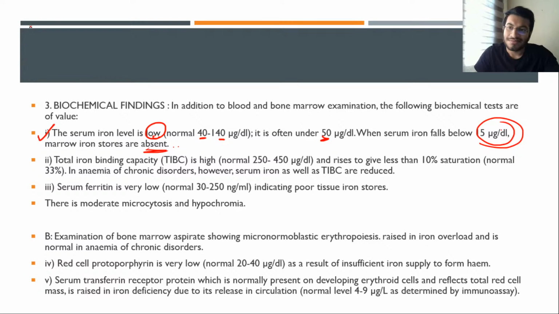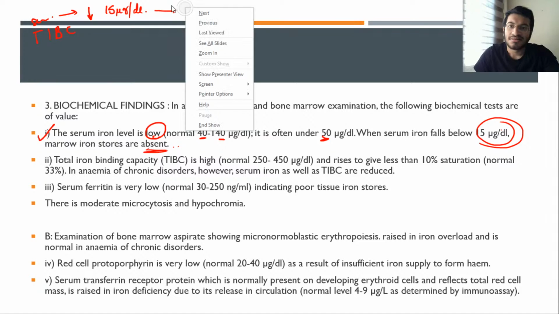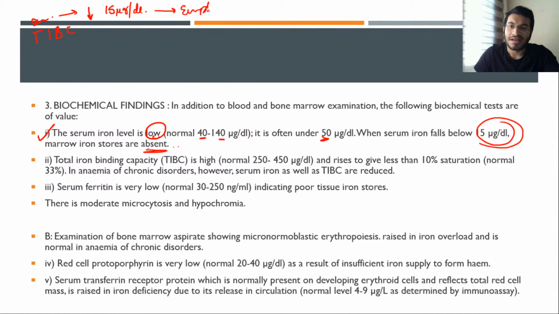So serum iron is low in iron deficiency anemia, and when it falls below 15 micrograms per deciliter, it signifies that your bone marrow has empty iron stores.